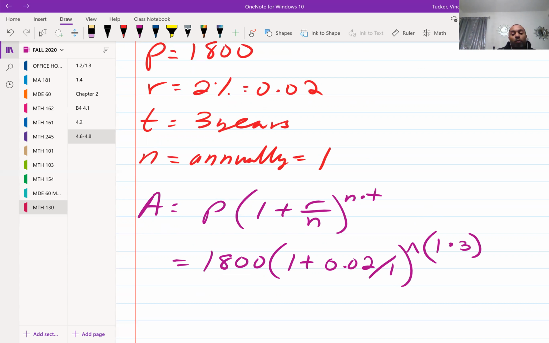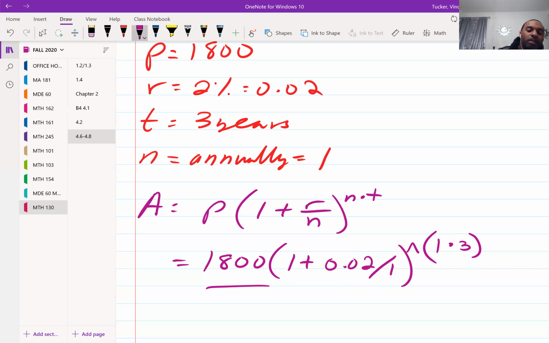That'll work for you. Now, it depends on the type of calculator you have. If you don't have the ability to put it in your calculator like this, you've got to follow order of operations and do it a piece at a time. 1 times 3 is 3. Go ahead and simplify that fraction, add it together, raise it to this power, and then multiply by 1800.